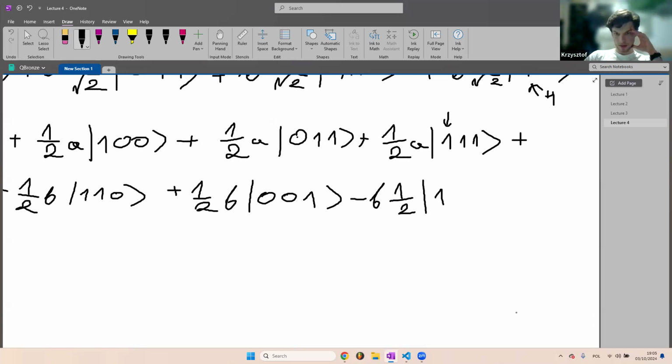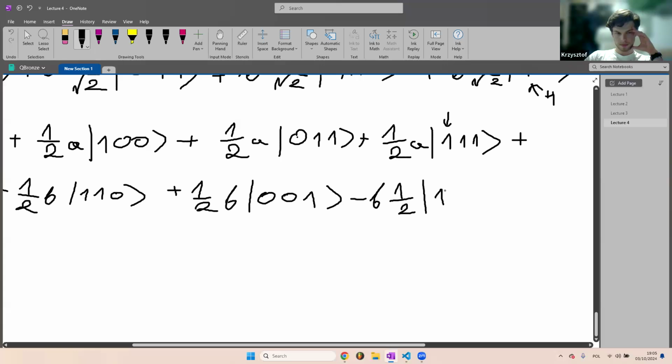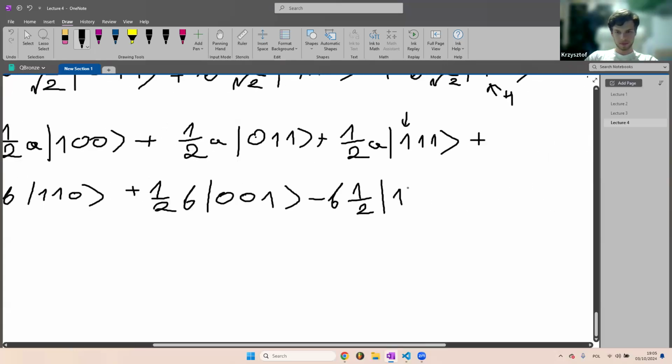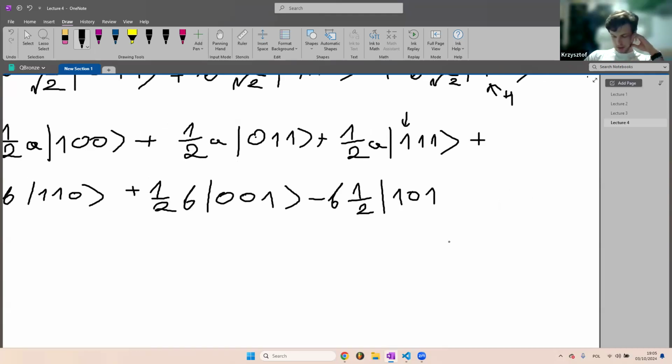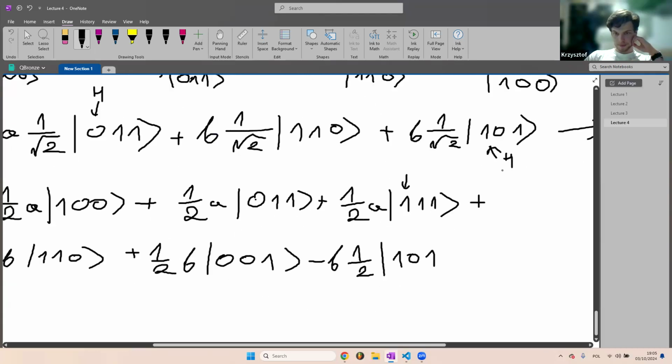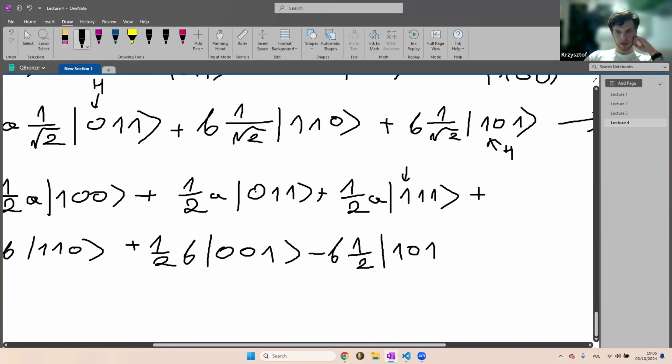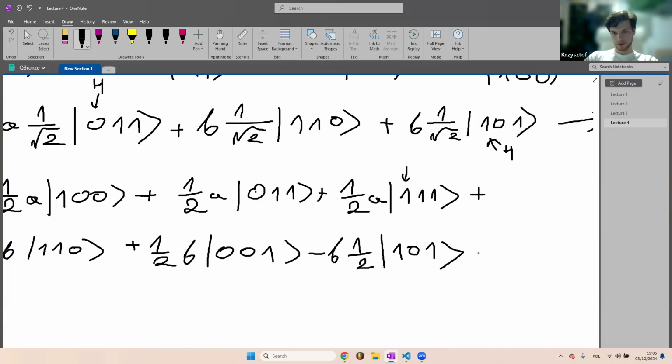I'm sorry, 1, 0, 1. No, 1, 0. 101, stuff like that. Here we now write this term. So it's 0, 0, 1 and 1, 0, 1. There are a lot of tedious calculations and it's very easy to get stuck. So I'm really sorry for that.